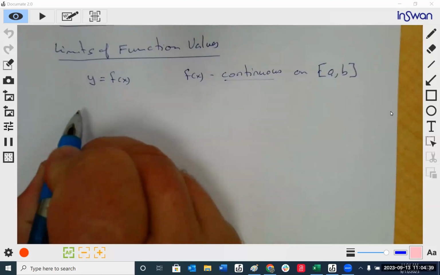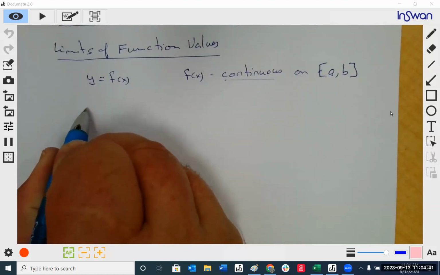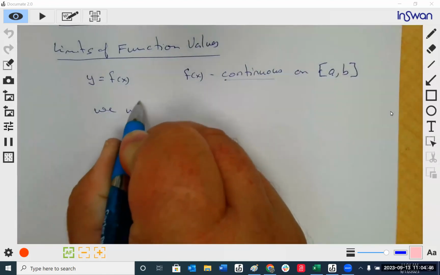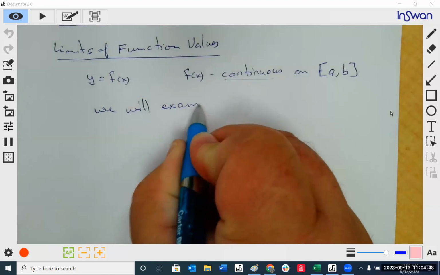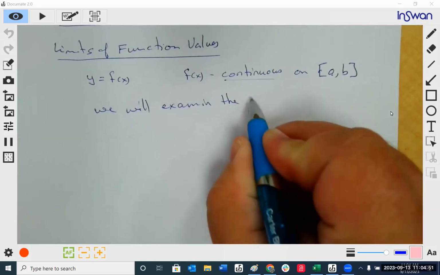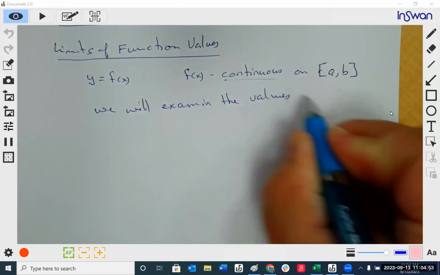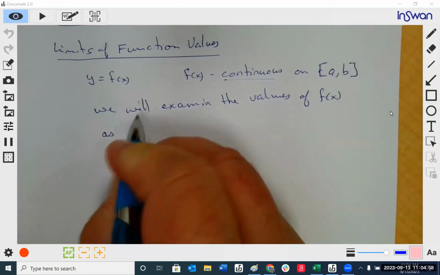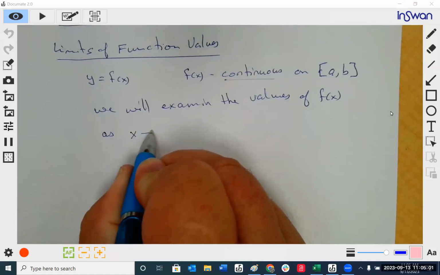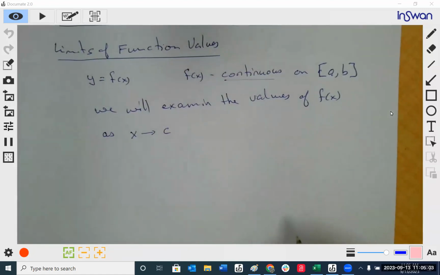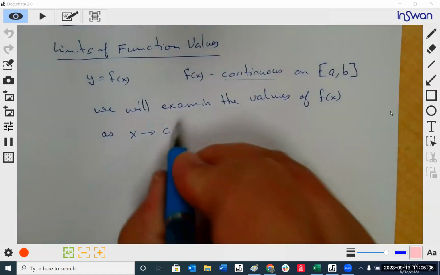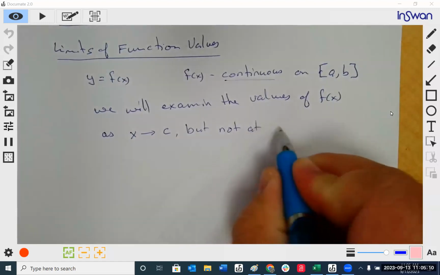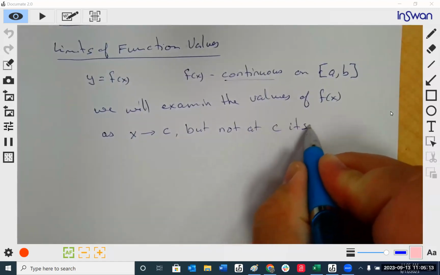What we're going to look at is, we will examine the values of the function as x approaches some value c, but not at c itself.